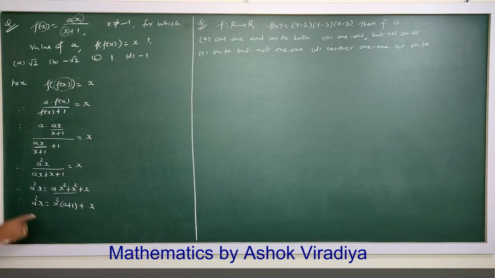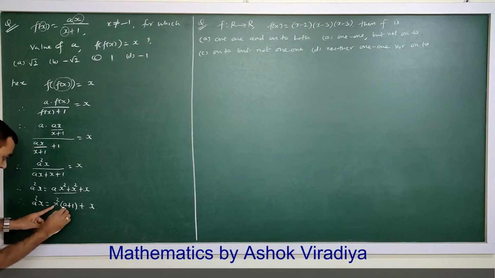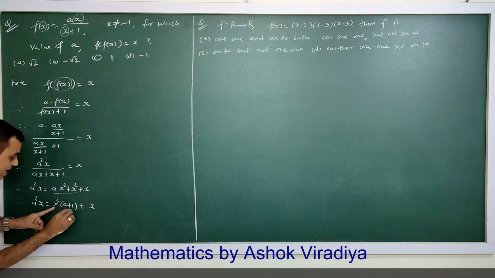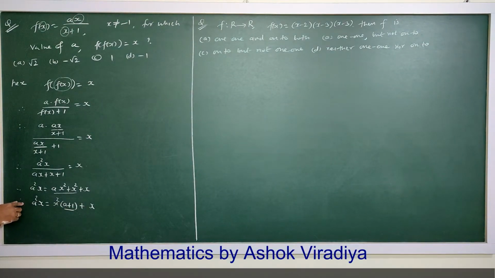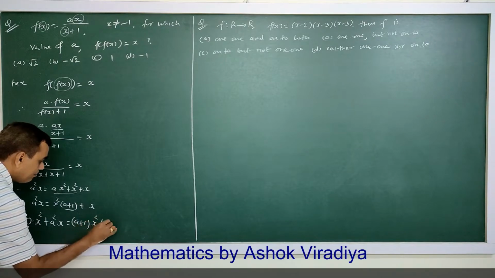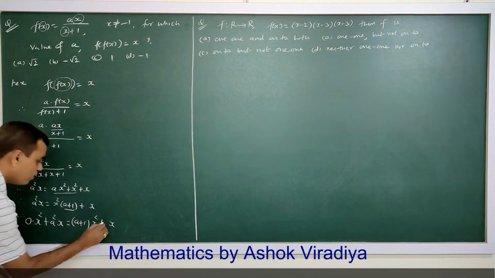Now see, here we are comparing coefficients. If you compare coefficients on both sides, there is a term with x² on the right side, but on the left side there is no x². The coefficient of x² on the RHS equals the coefficient of x² on the LHS. So before comparing, we can write it as 0·x² + a²x = (a + 1)x² + x. Here x means 1 into x.